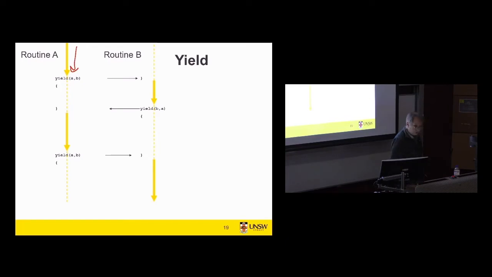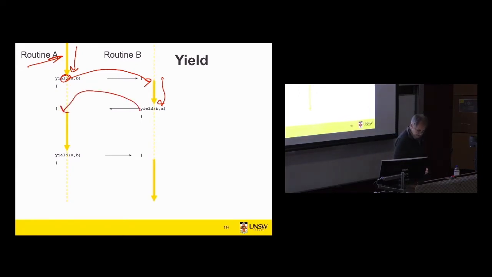So if we call yield at this particular point here, we save those registers that the compiler expects to be preserved for the code that's actually running here that calls yield. We save them on the stack of A, switch stacks, and restore the registers and return to the code that was in routine B. Then it gets to a point where it saves the state that it was operating on onto its stack, calls yield.